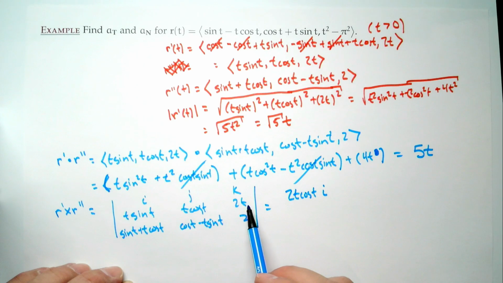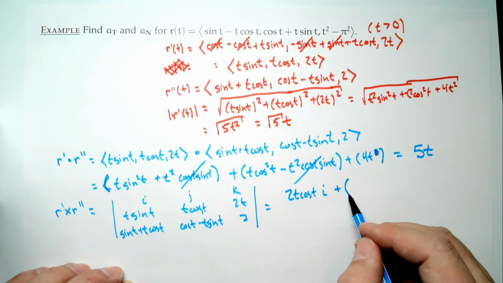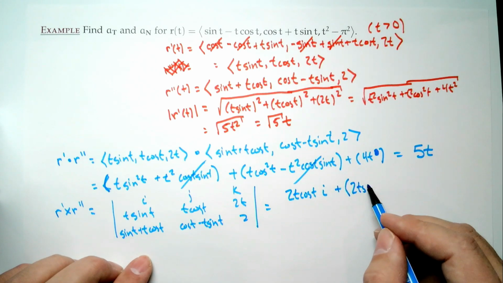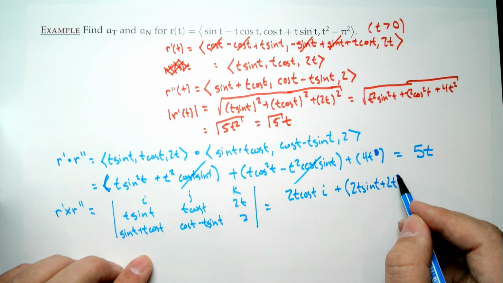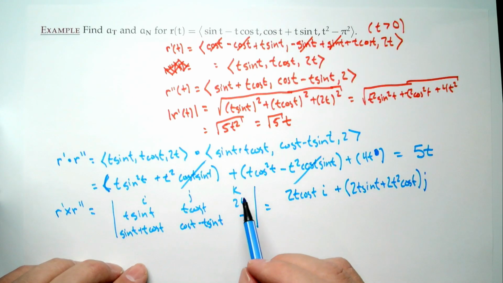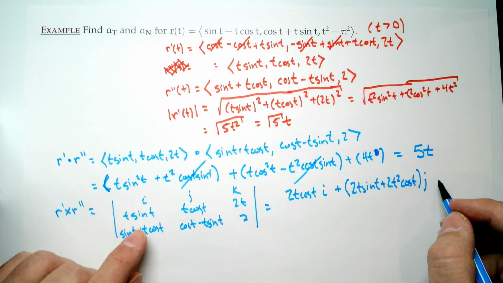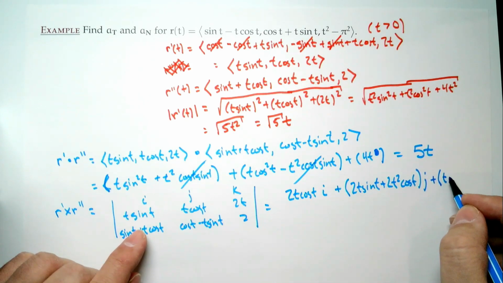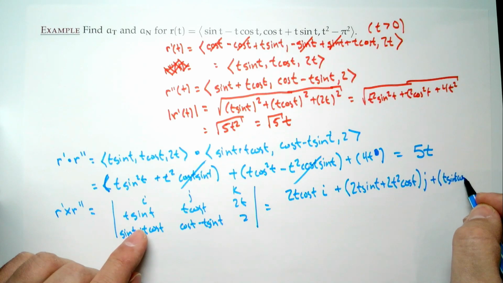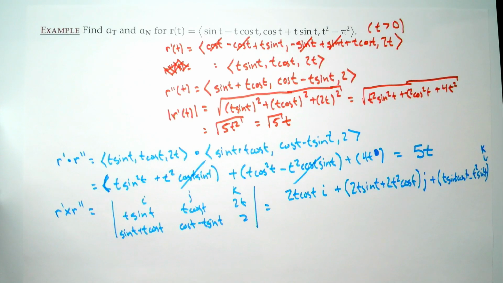J times 2t times sine t plus t cosine t, so that's plus 2t sine t plus 2t squared cosine t j. Then k: t sine t times cosine t minus t sine t, so that's plus t sine t cosine t minus t squared sine squared t, k.